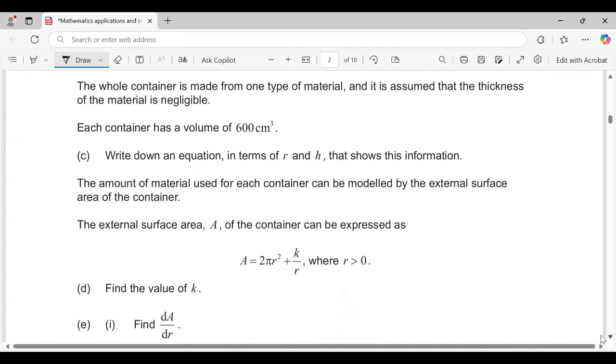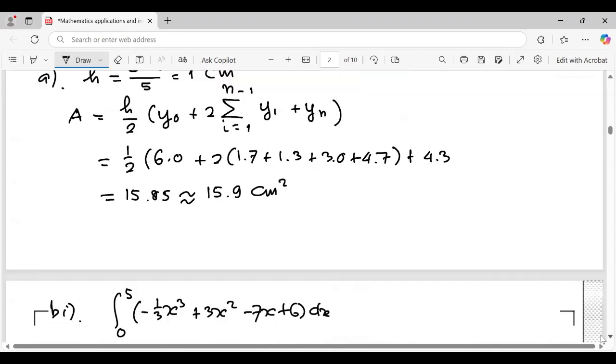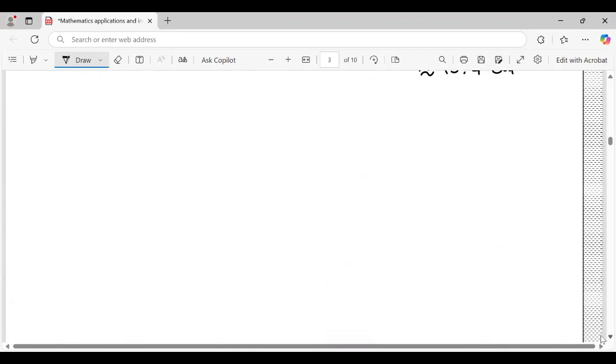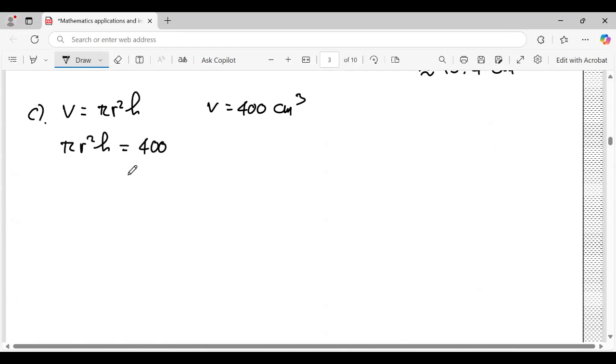Write down an equation in terms of R and H that shows this information. The volume of a cylindrical container is given by the formula V equals pi r squared times H. If the volume is 400 centimeters cubed, the equation becomes pi r squared H equals 400. This is the equation.